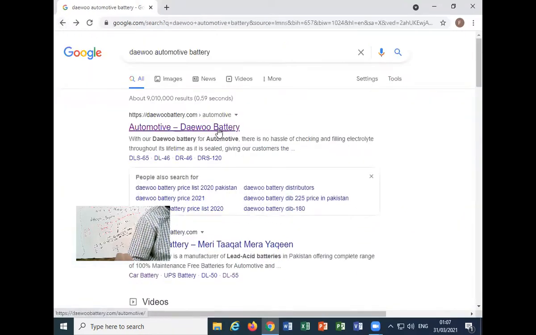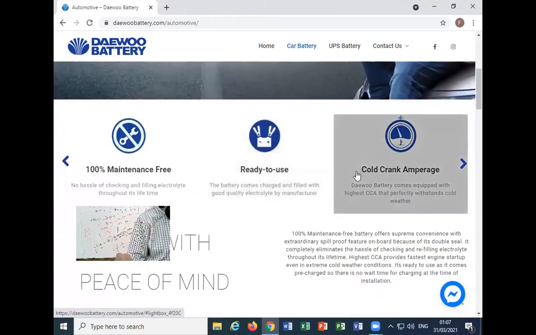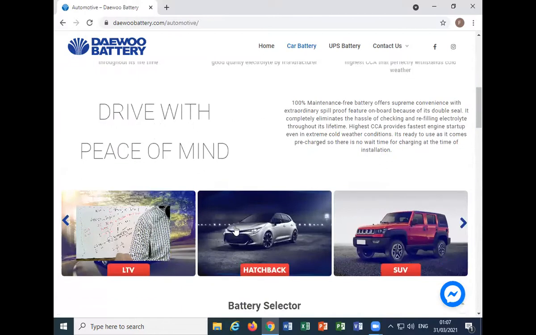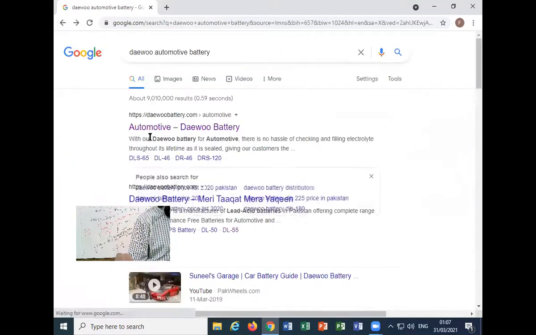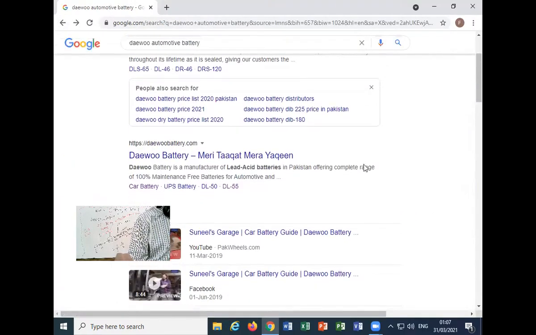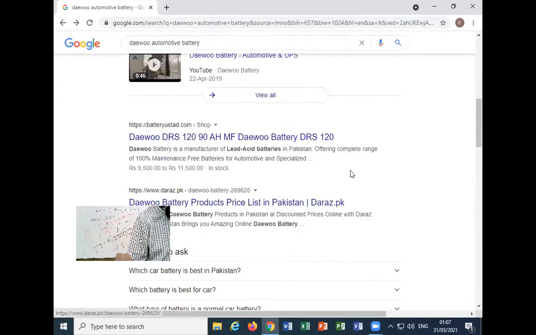Let's see what they have mentioned. Instead of C rating, they have mentioned cold crank amperage. Okay, and they have just said that this is relevant to the weather. Obviously, if the weather is cold, you require more current, initial current, to start a battery.